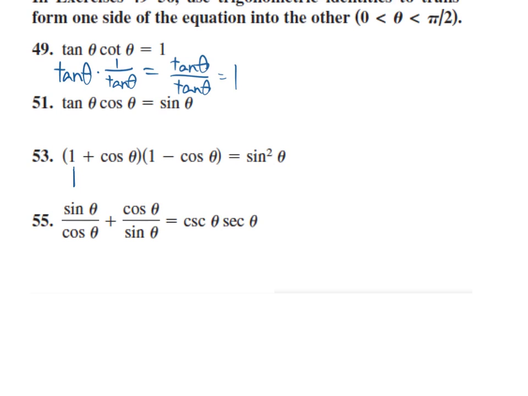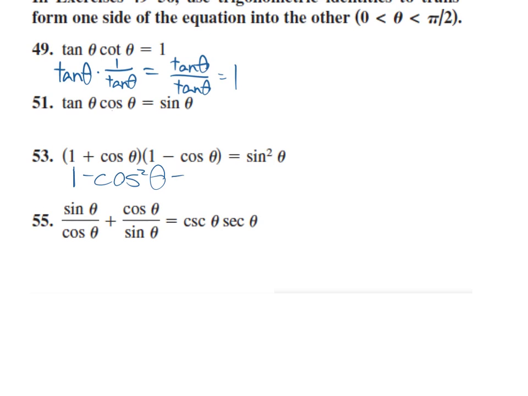Minus cosine squared. There we go. Those are conjugates, right? The outers and inners cancel each other out. So, minus cosine plus cosine cancels out to 0. So I just have 1 minus cosine squared.